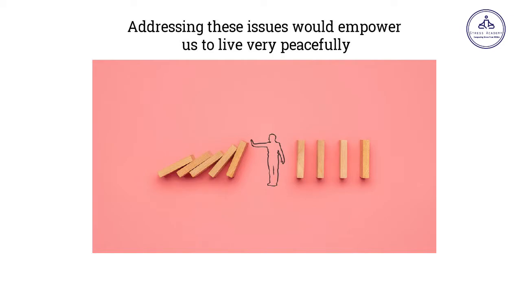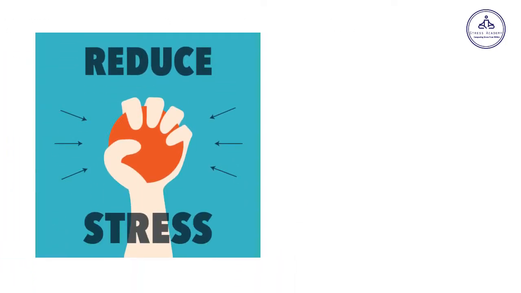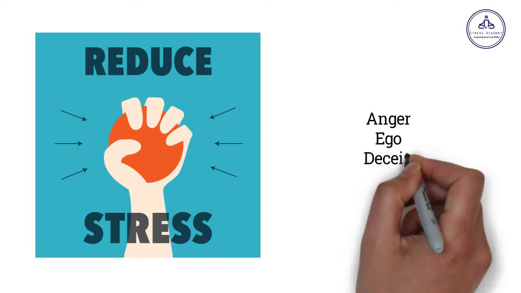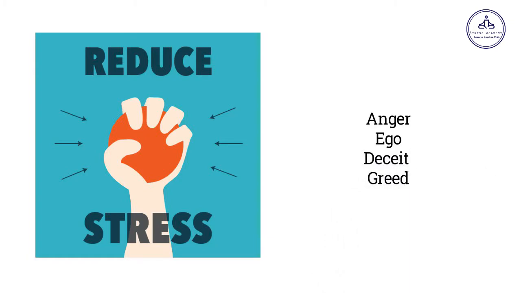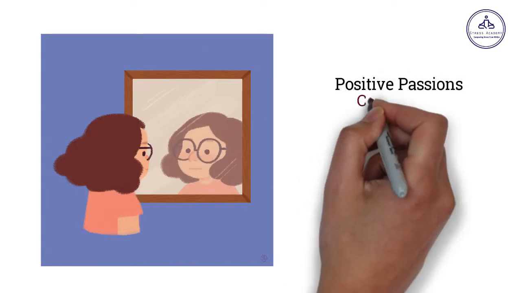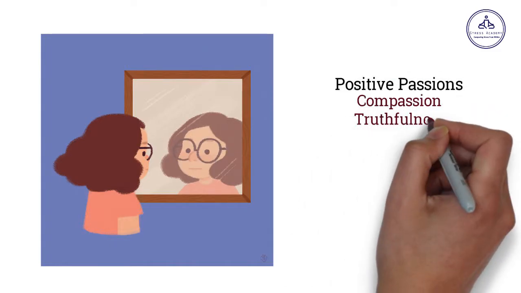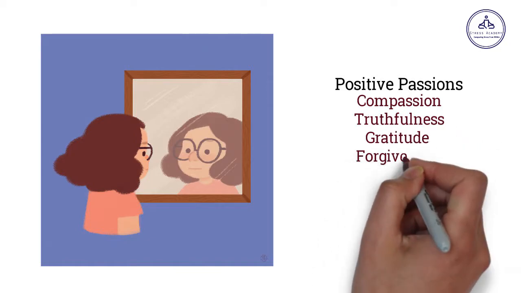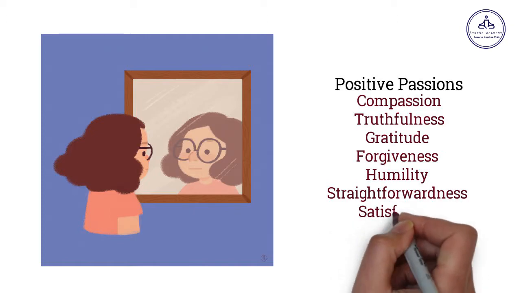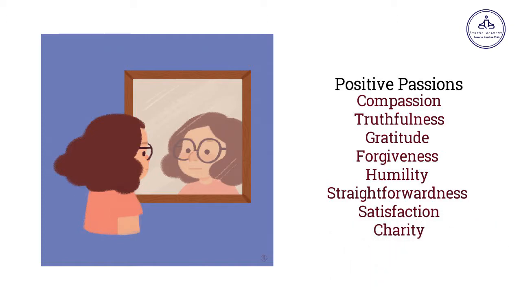At this point, we can begin a set of activities geared toward reducing intensity of stress. In order to reach the stage of reduced stress, we should reduce the intensity of negative passions such as anger, ego, deceit, and greed through introspection, contemplation, and cultivating positive passions such as compassion, truthfulness, gratitude, forgiveness, humility, straightforwardness, satisfaction, and charity.